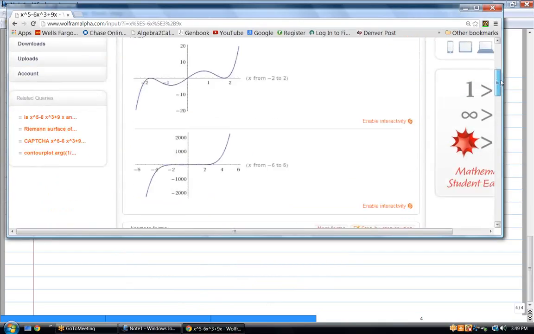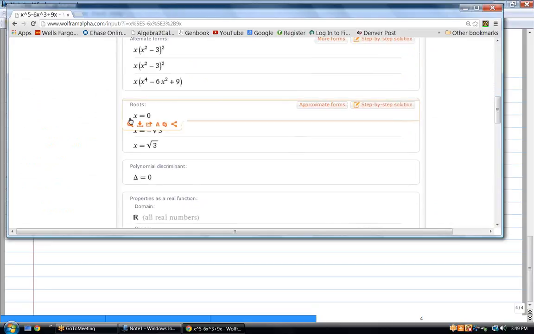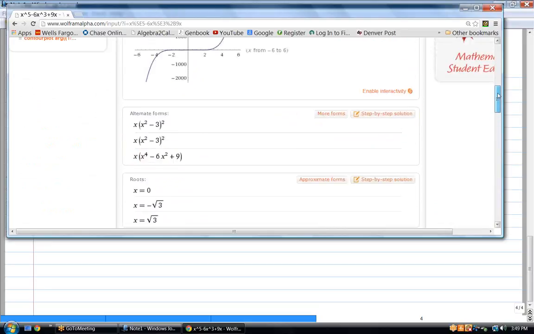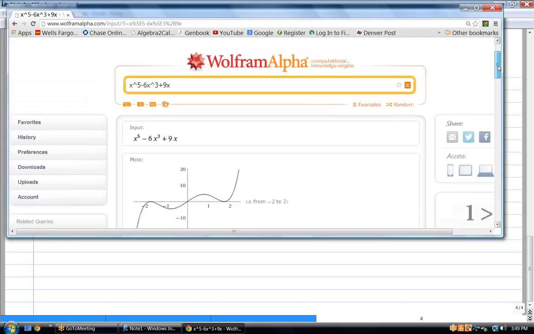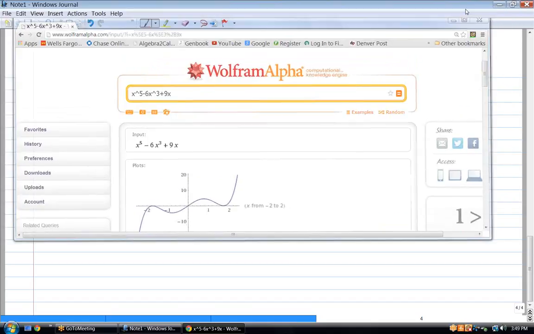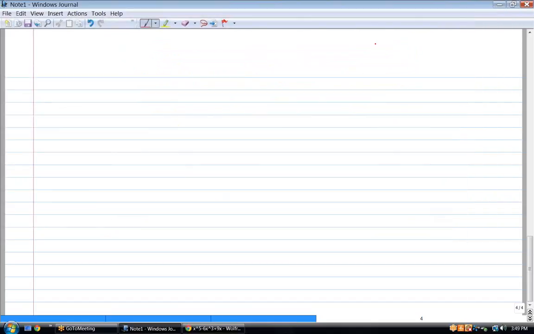Notice that it not only graphs it, but it gives me the 3 roots right there, without having to do that silly trace. That TI-84 is really kind of archaic in the way it forces you to come up with mins, maxes, zeros, intersections, all of that. I think, at least, compared to the technology that's out there. Yeah.